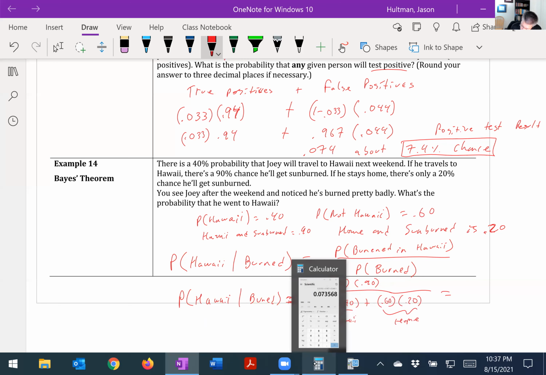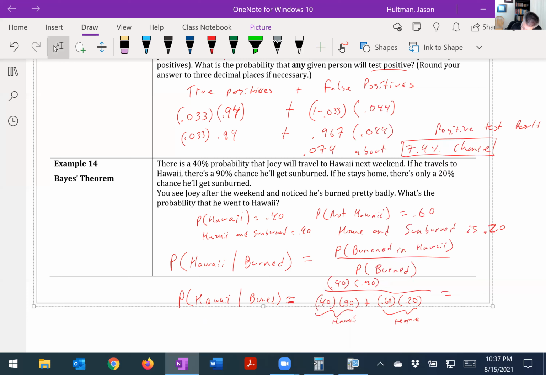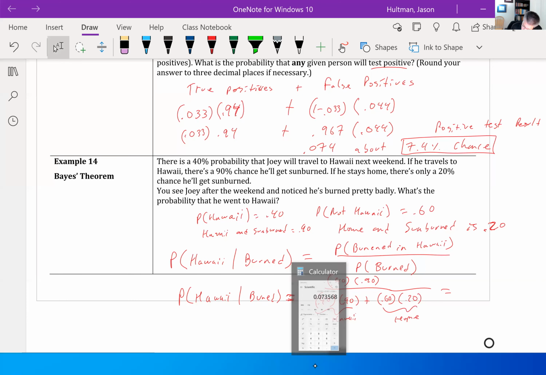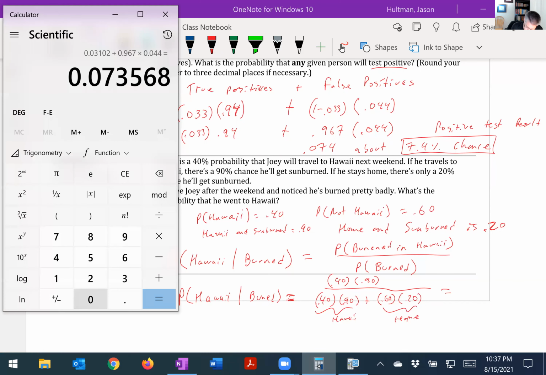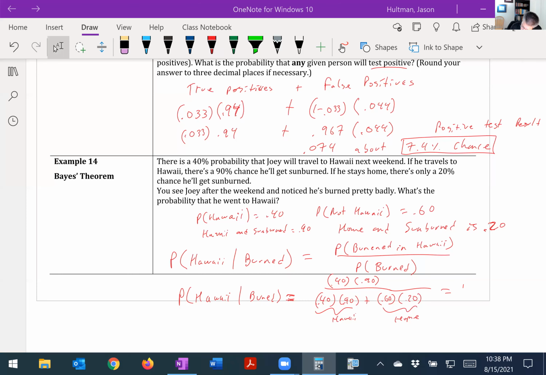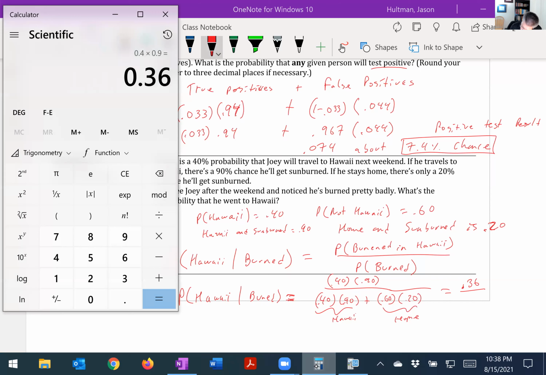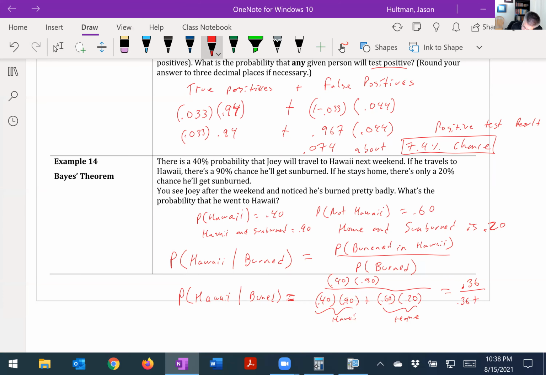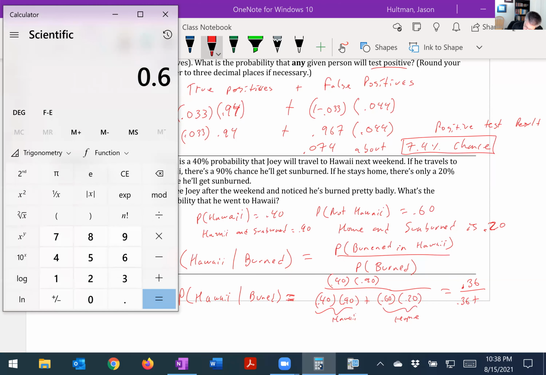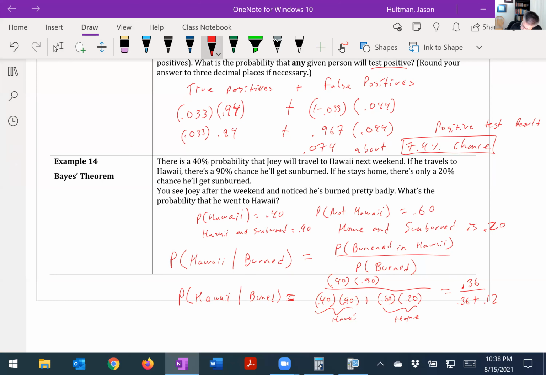Let's multiply this together. 0.40 times 0.90 is 0.36, over 0.36 plus 0.60 times 0.20, which is 0.12.